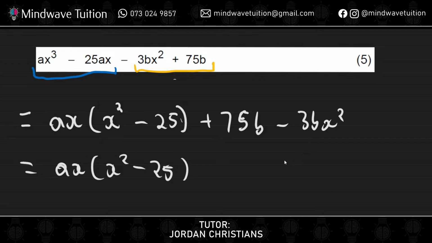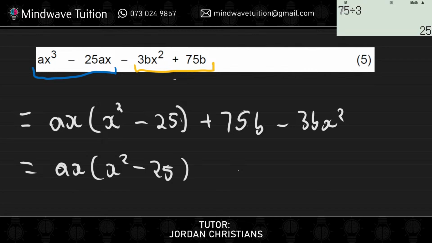Alright, so we can still work with these two individually. So what is a common factor between 75b and 3b x squared? Can 75 be divided by 3? Let's check on a calculator.